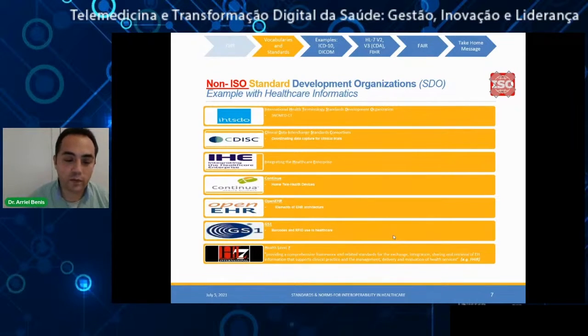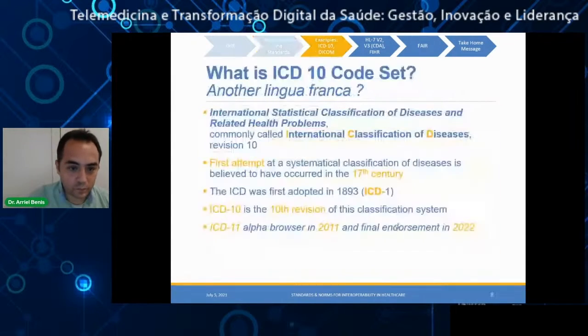And at the end of this presentation, in the next 5 minutes, we will talk about HL7, Health Level 7, which provides a comprehensive framework of standards for exchange, integration, sharing and retrieval of health-related data.